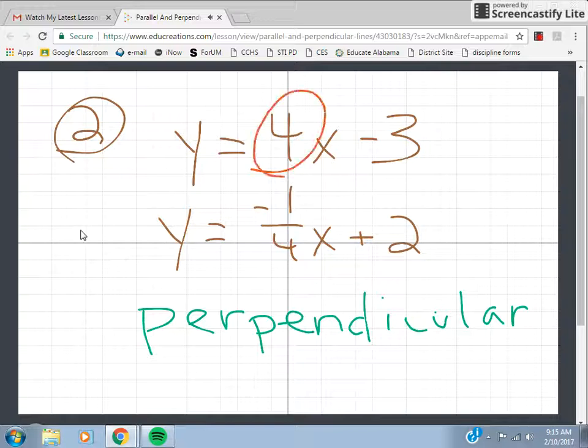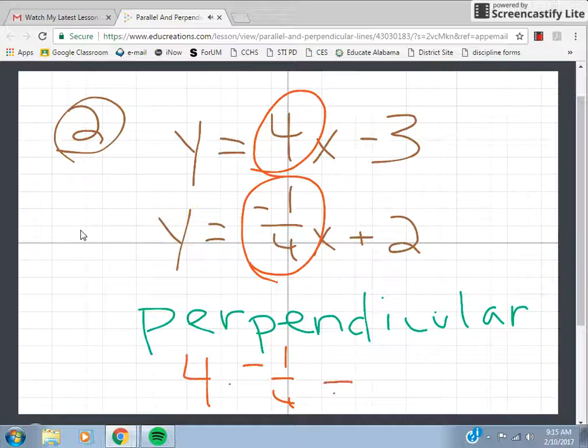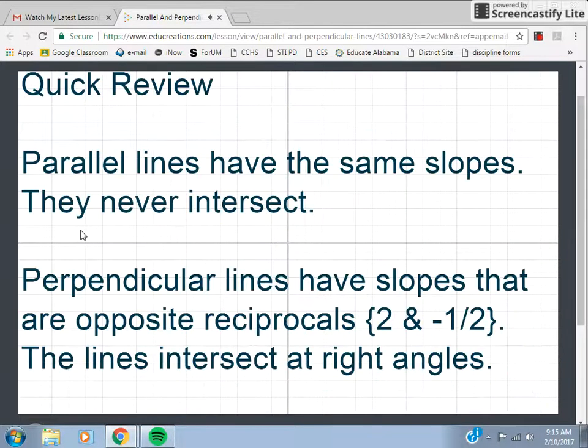We have 4 and we have negative 1/4. And if you wanted to check yourself, you could multiply 4 times negative 1/4. 4 times negative 1 is negative 4. And then remember that would be over 1. 1 times 4 is 4, which simplifies to negative 1.